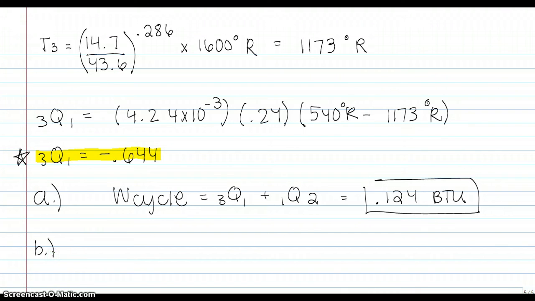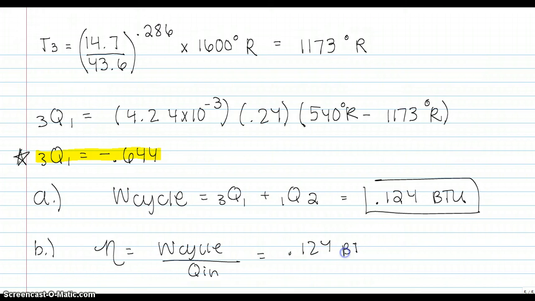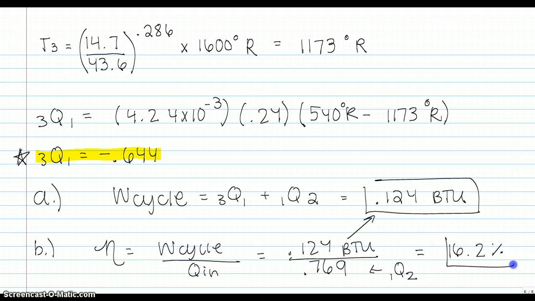They ask us to find the thermal efficiency, which is equal to the work of the cycle over Q in, which would be equal to 0.124 BTU, which we just found, divided by Q in, which is 0.769, that is Q from 1 to 2, and that gives you your final answer of 16.2%. Done.